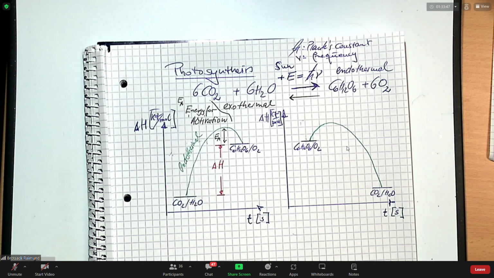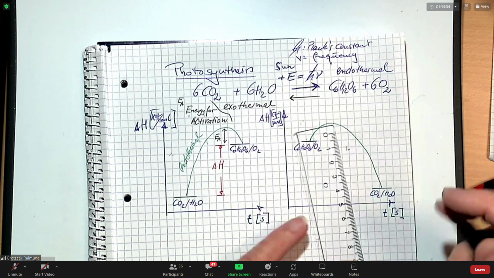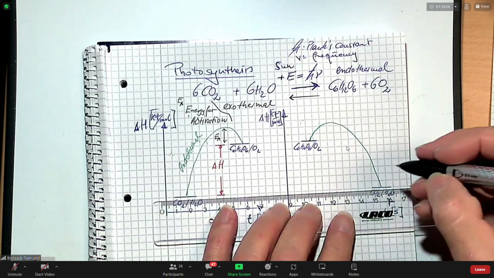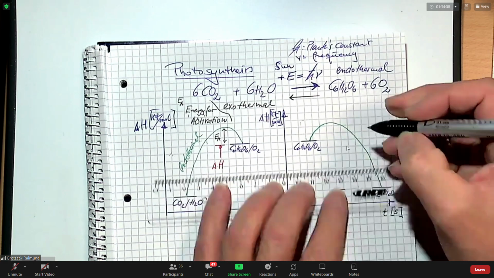It cannot be burnt. Here we have stored chemical energy. The oxygen is just needed for the process, but the biomolecule is stored energy. And now, again, this is the delta H of the molecules.